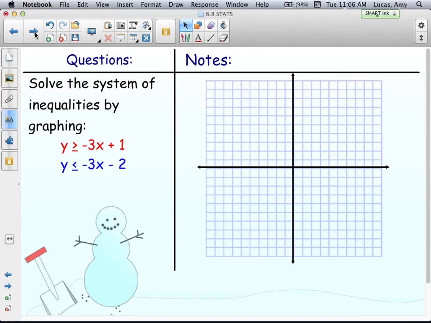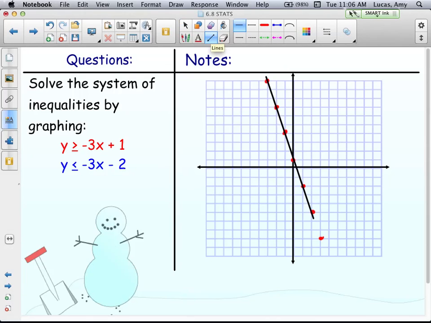The next system, my red equation starts at 1. Slope is -3/1, so down 3/1. It's a solid line because it had an equal sign underneath the symbol.